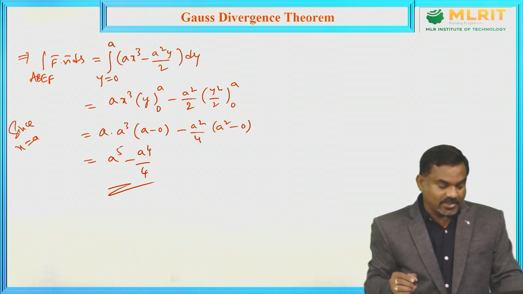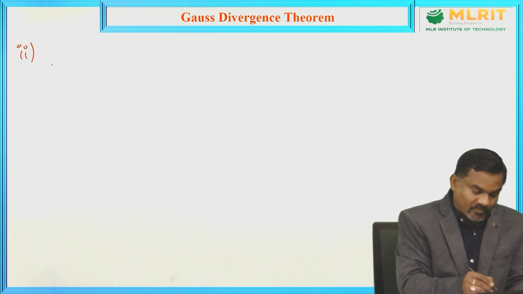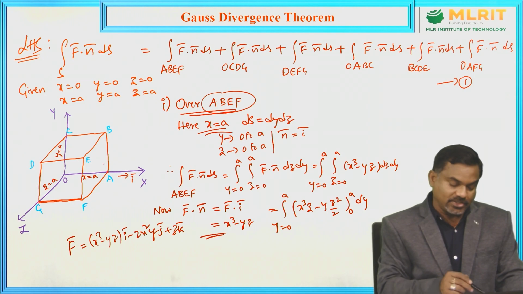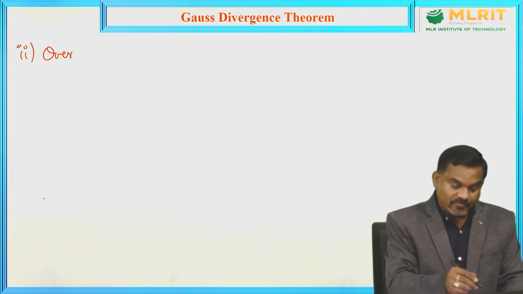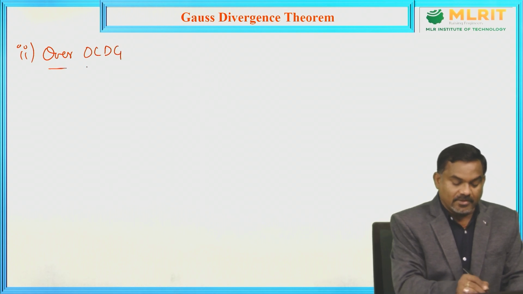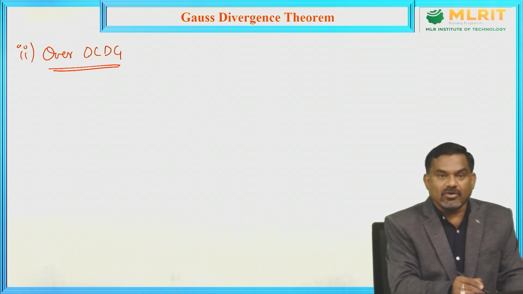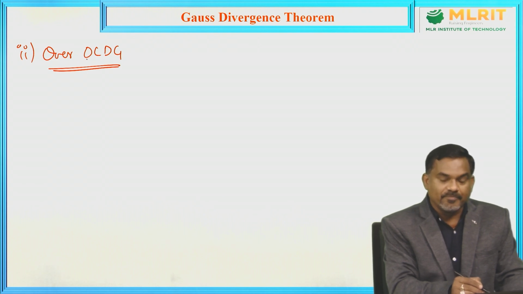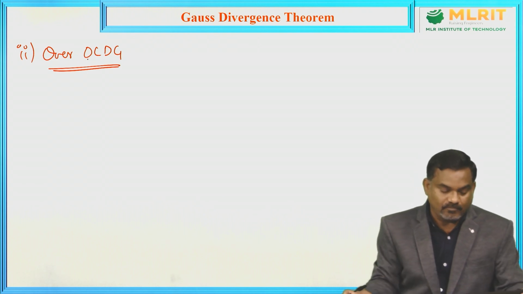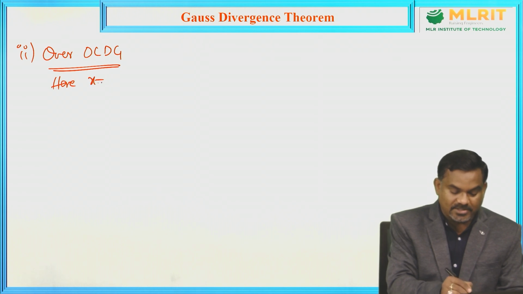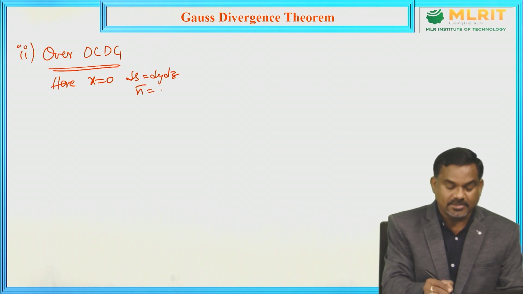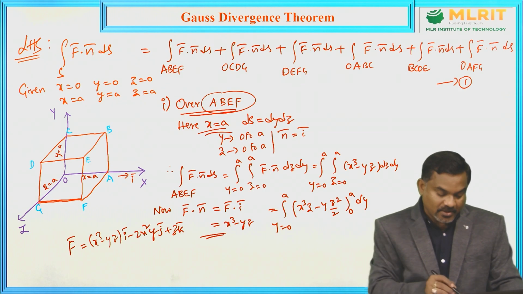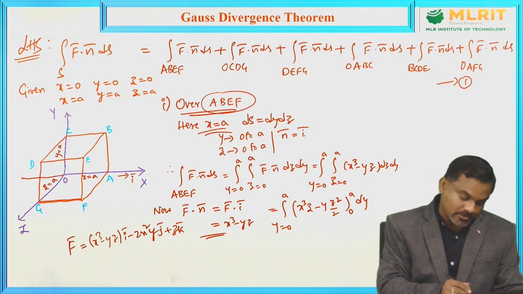Similarly, for the second, over the face exactly opposite to this face, OCDG. So here we have this point origin, at origin x 0, y 0, z 0. Therefore, here the value of x is 0 and remaining as it is, ds is dy dz. N bar is now, for OCDG, the outward drawn direction is the negative x-axis and along this the unit vector is negative i bar.